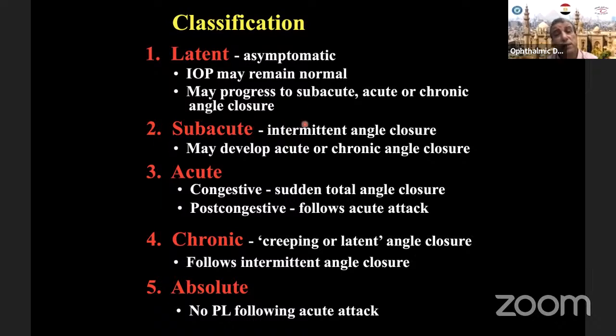Subacute is a form of latent or intermittent angle closure, which usually occurs at night, and the patient comes to you complaining: when I am watching TV at night, I usually see a glare around the lamps, halos around the lights.